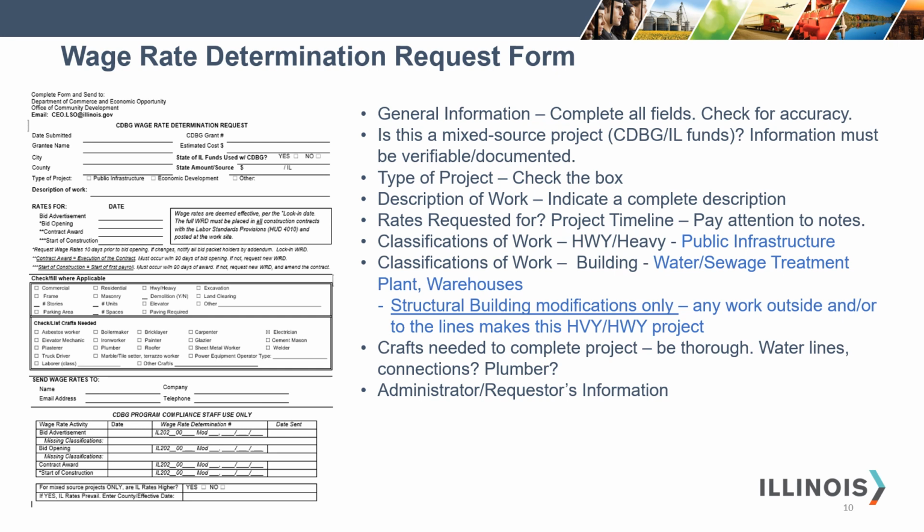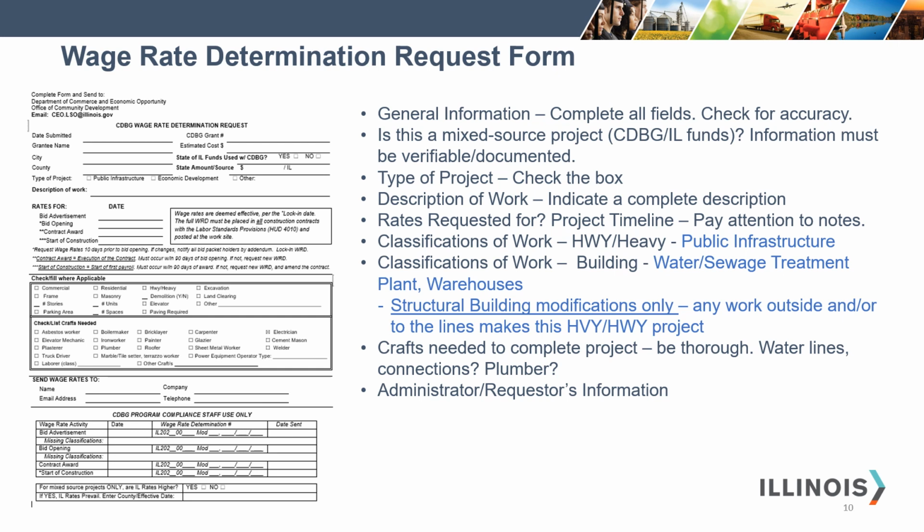Is it a heavy highway project? That is public infrastructure. Is it a building project? You would use building if it's a water or sewage treatment plant or warehouse, and only if it is for structural building modifications. Any work outside and or to the lines would make it a heavy highway project.